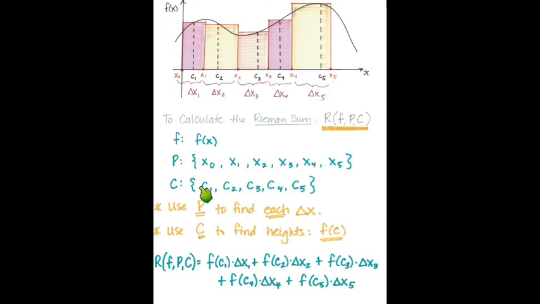I have 5 rectangles, so I have 5 sample points that I'm using to find the height of all of those rectangles. I use this to find the complete Riemann sum. To do that, I take the height of the first rectangle times the width of the first rectangle, plus the height of the second rectangle times the width of the second rectangle, plus, and I keep adding each one of these heights times widths, which are areas of rectangles.